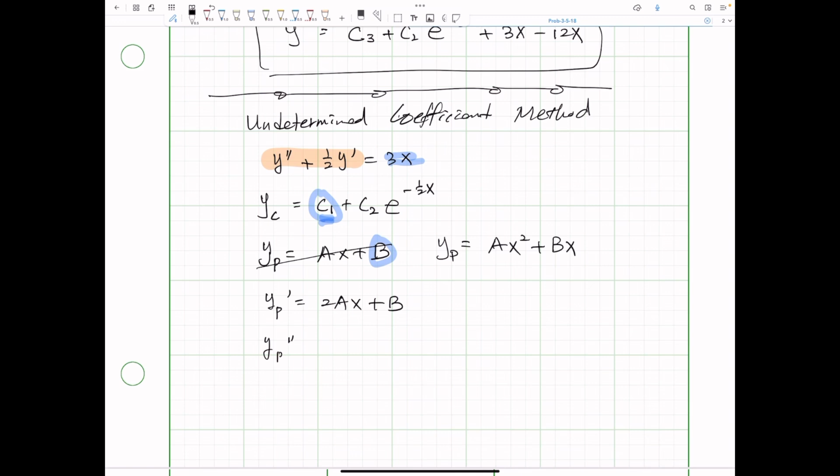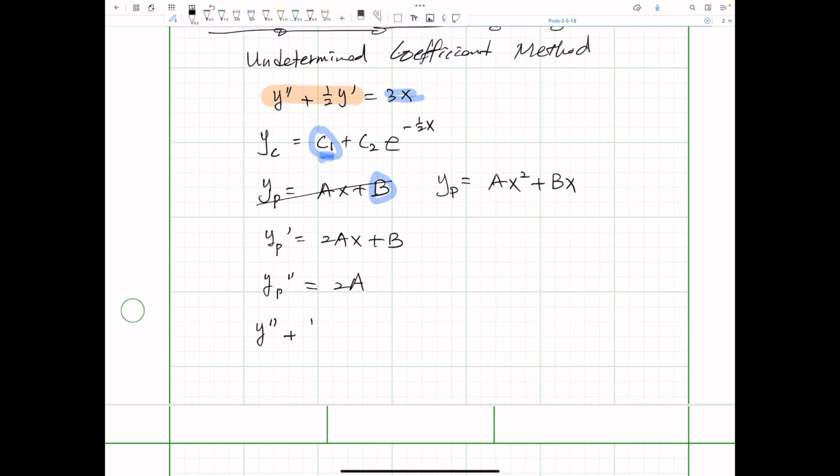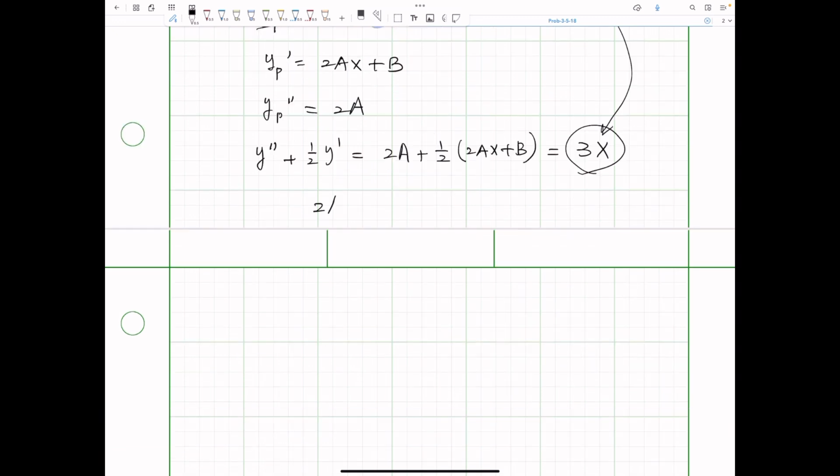Yp double prime is going to be 2a. Y double prime plus 1 over 2 y prime: so y double prime equals 2a plus 1 over 2 times (2ax plus b), which is y prime, and that has to be equal to 3x on the right-hand side. Then 2a plus ax plus 1 over 2 b equals 3x.